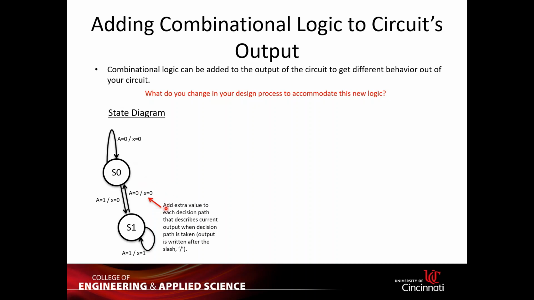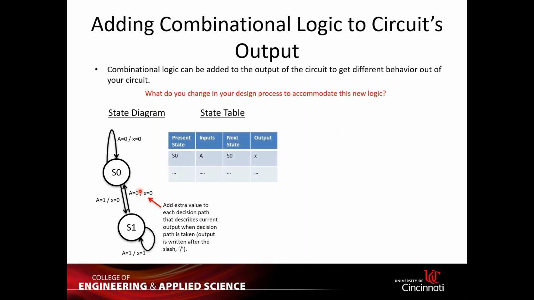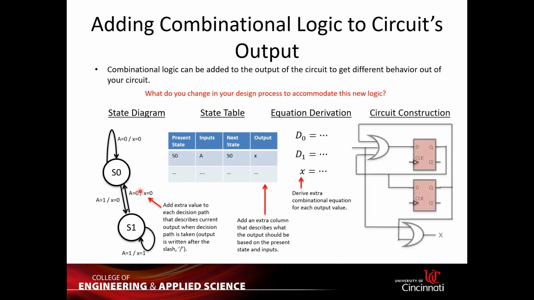This extra value is basically the output that is provided by two things: what's the present state, and what is the input provided? So you can easily have some kind of state table. You can use that as a truth table, derive your equation and construct your circuit. You can make an extra combinational circuit right here, and remember our first example when I had the Y equation. You can do the same thing, construct your combinational logic as input.